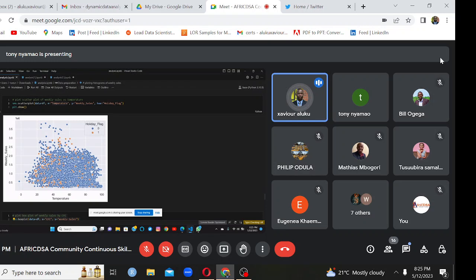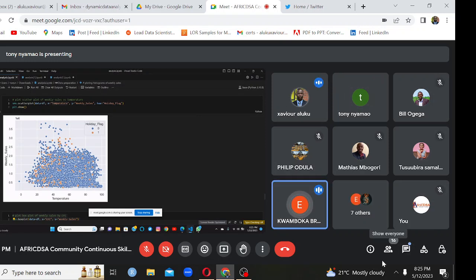Is it positive, negative, or which kind of relationship? I'm sure Musembi has already covered this. Yes, we have already covered. I can say it's positive. Yes, the relationship is positive.